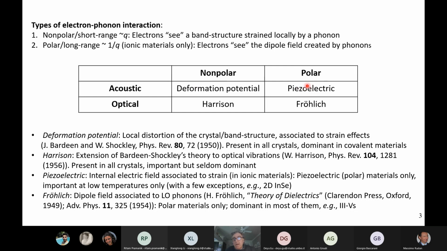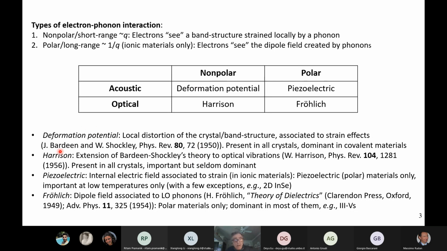We're going to ignore it. It's in materials which are piezoelectric. So also polar materials, but acoustic phonons are involved. In this case, the interaction is a long-range interaction. So typically we'll have a dependence on some inverse power of Q, depending on the dimensionality of what we're dealing with. And here, at least some references of the pioneering papers in which this we'll discuss.